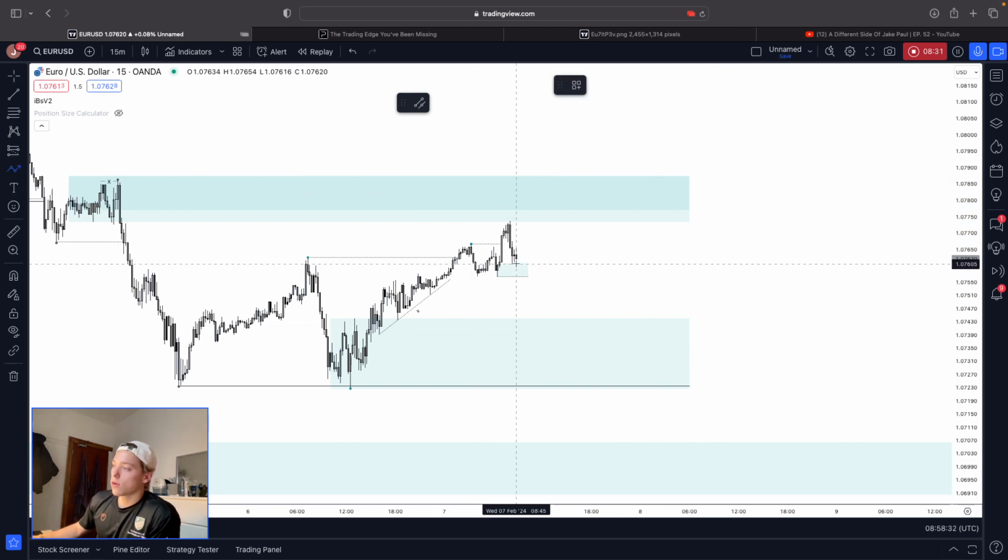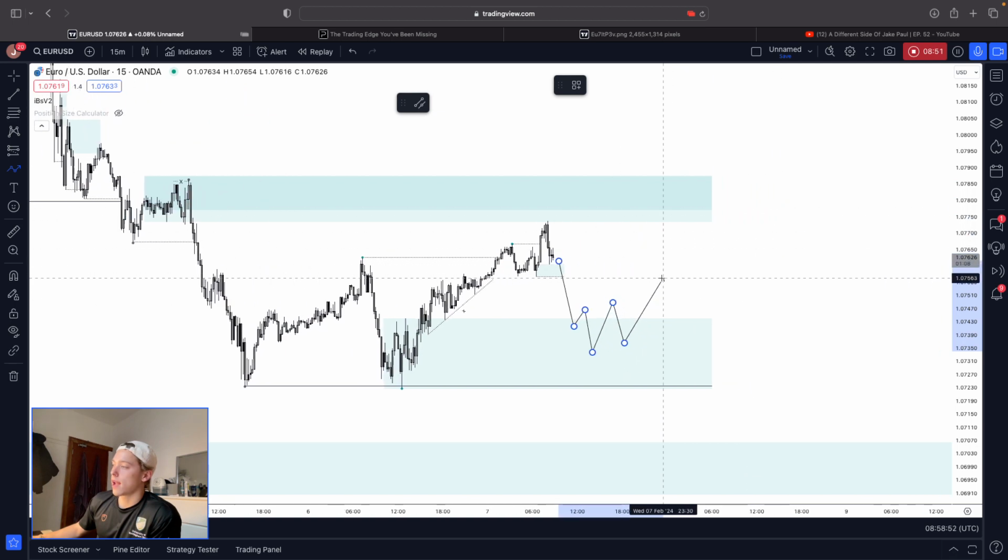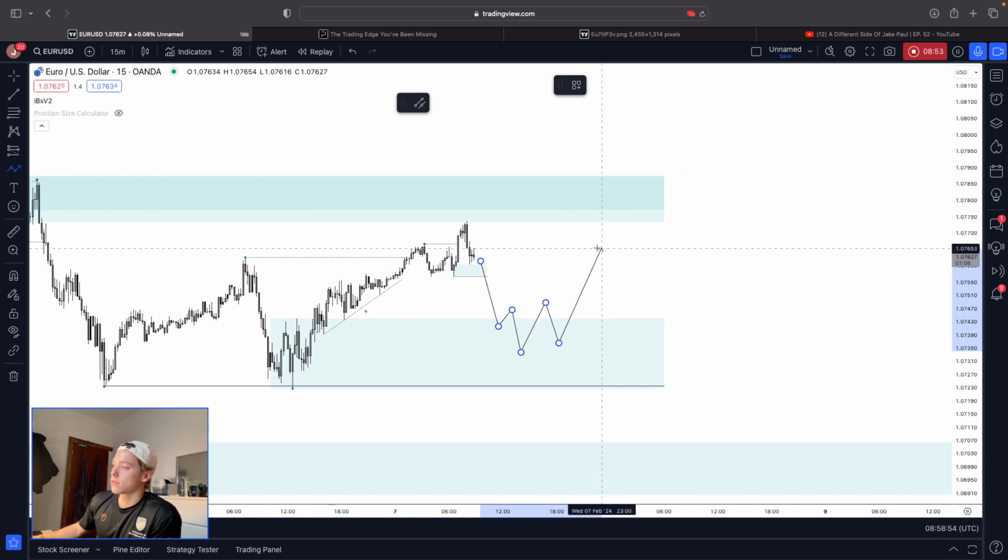Another way I might look at longs is if we come down into this 4-hour supply, maybe into this 15-minute refined supply zone. So we come and then potentially get an internal break of structure here, and then we can look for longs to potentially at least target up into some supply within here.